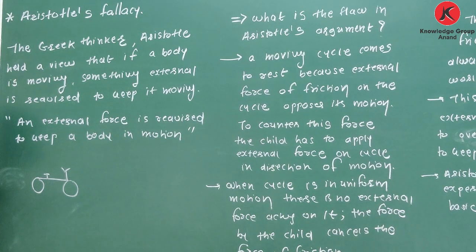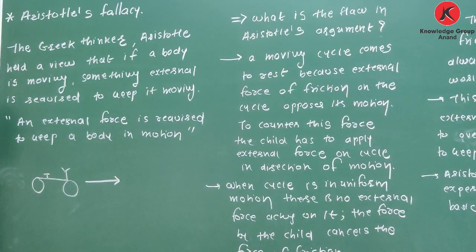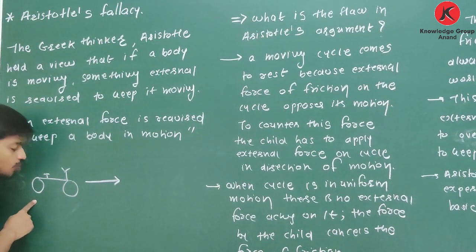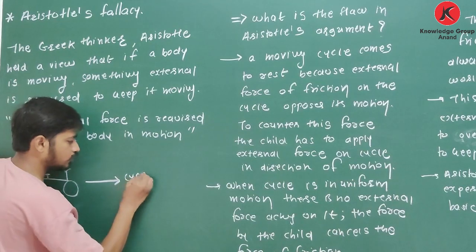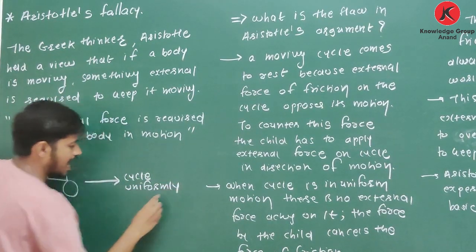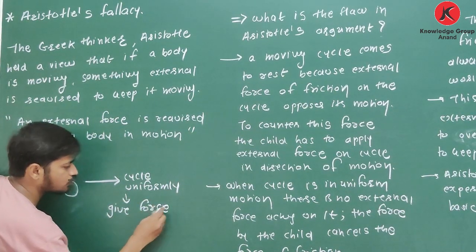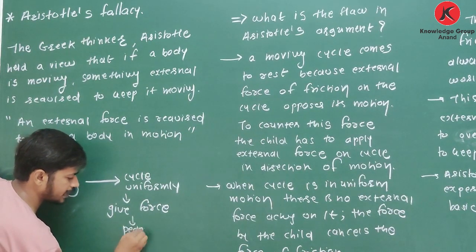See, Aristotle argued that if it is a bicycle, if I want to move this bicycle with constant velocity, I have to apply pedals continuously. Yes or no? If I want to move this cycle uniformly, I have to give external force, means I have to apply pedal.